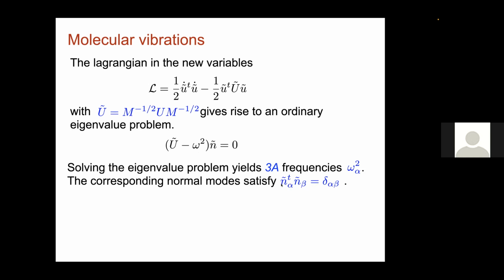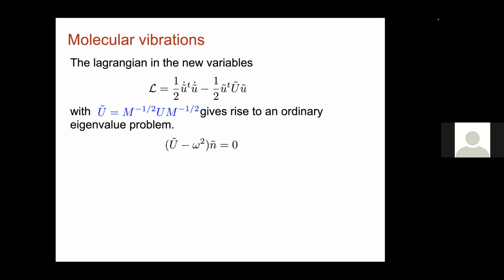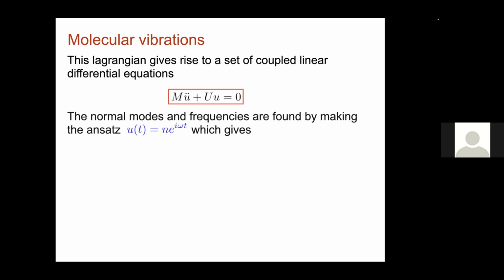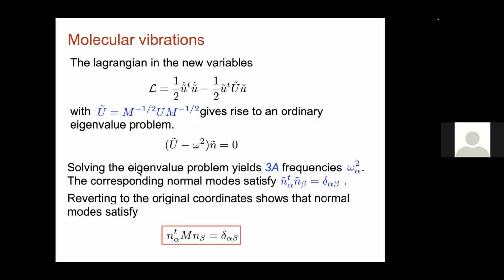So basically, this is given by this. Okay, the scalar product is just taking this. So this gives you this. Now, if you revert to the original coordinates, this means that the normal modes, and the modes that we use here in our ansatz, they are orthogonal, but they are orthogonal not with respect to the trivial scalar product, but with respect to this mass matrix.